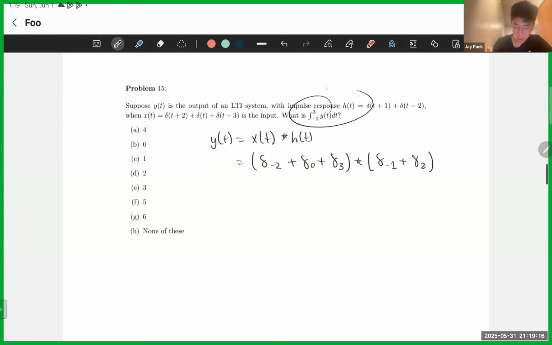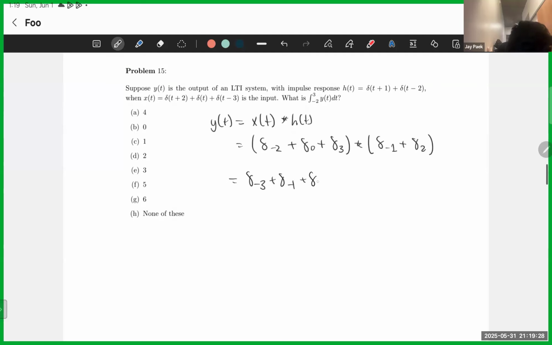Remember, and well, maybe let's just solve for everything first. And let's consider the batch of delta functions. Boom. And that's it. I'm done.